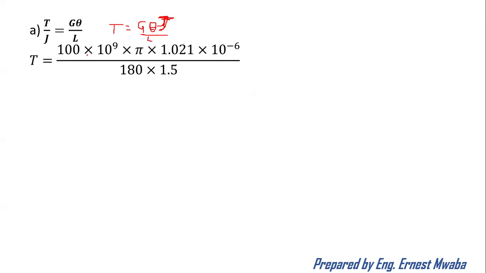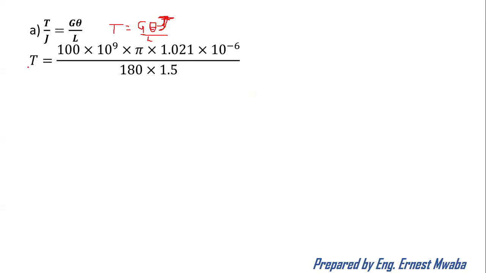G is 100 by 10 power 9. Theta is pi over 180. J is 1.021 times 10 power negative 6. L, which is the length of this shaft, is 1.5.